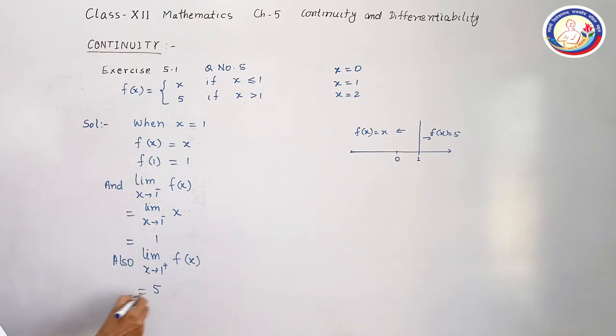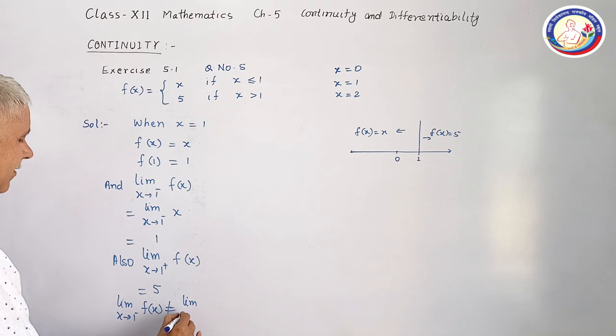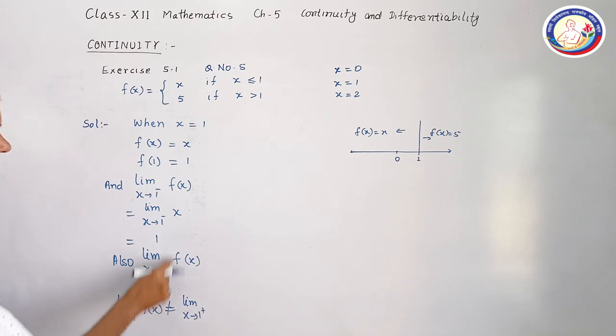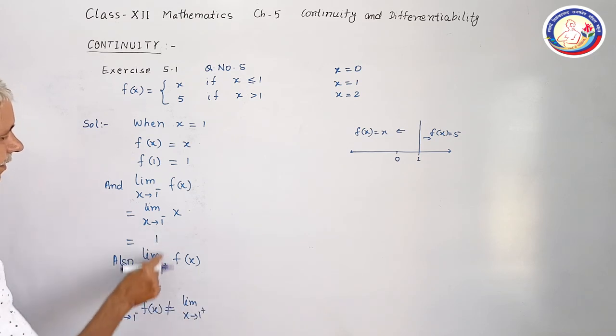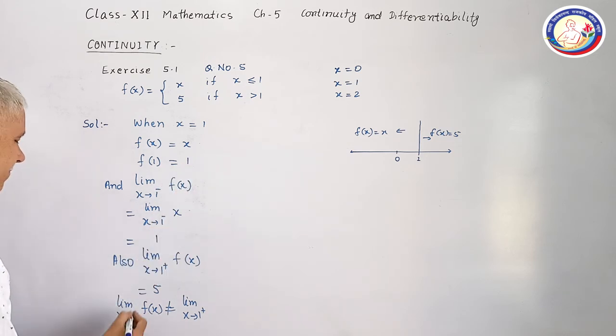So the limit as x tends to 1 minus of f(x) is not equal to the limit as x tends to 1 plus, because both are different here. It is 5 and it is 1, and the value of the function is also equal to f(1).